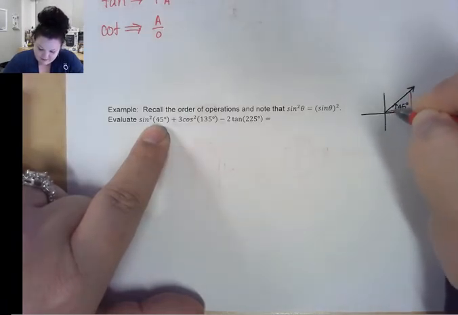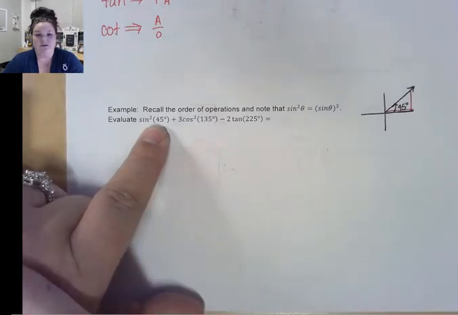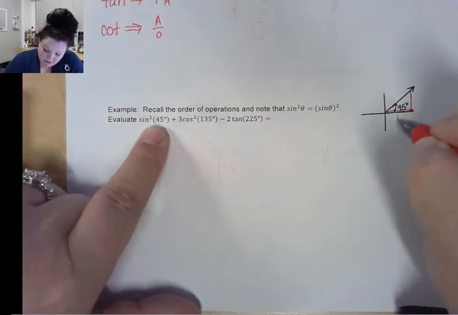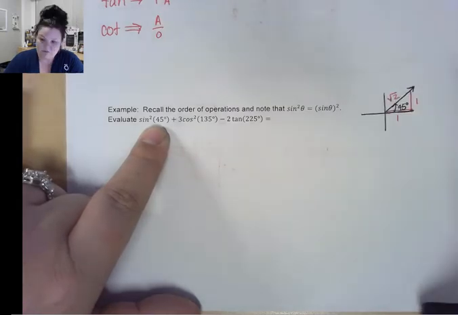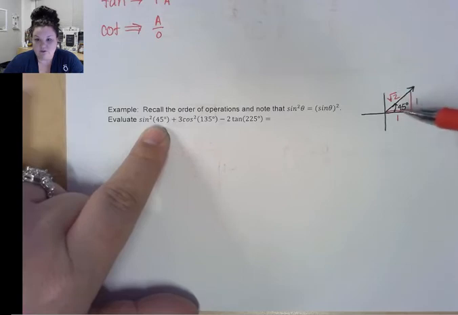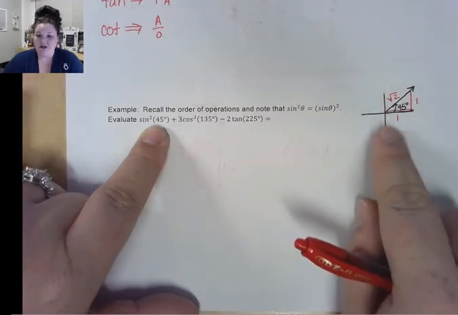So I can tell here that my reference triangle is a 45 degree angle. So I'm going to go ahead and label it. I know for a 45 degree triangle, I have 1, 1, square root of 2. And then I just need to make sure that my signs are right. Because this is in quadrant 1, I know my x is positive, I know my y is positive, and obviously we always know our hypotenuse is positive. So this one, not too bad.